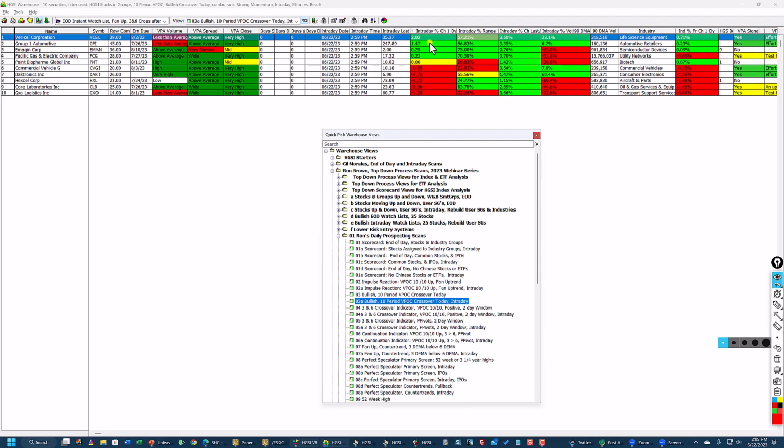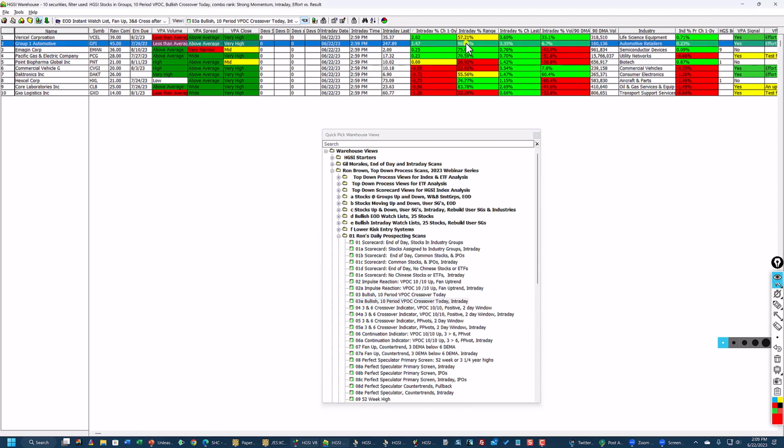Here's the intraday version, and I can see on intraday that VCEL crossed over yesterday and it's following through today. The range is at 57.21, but let's look at Group 1 Automotive, which is holding up better today at 96.83.